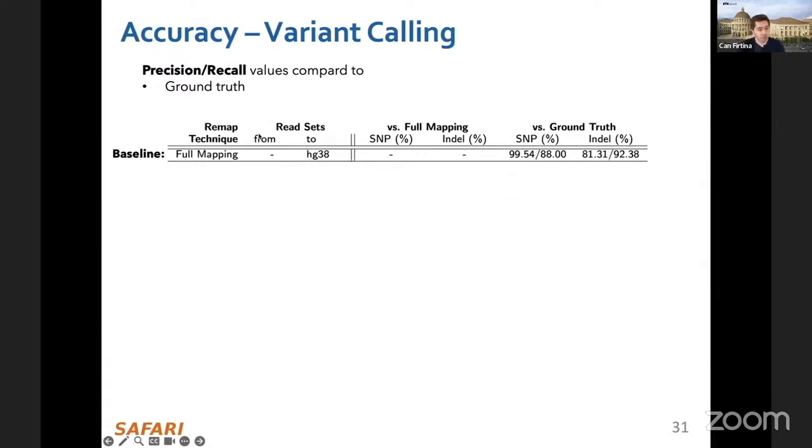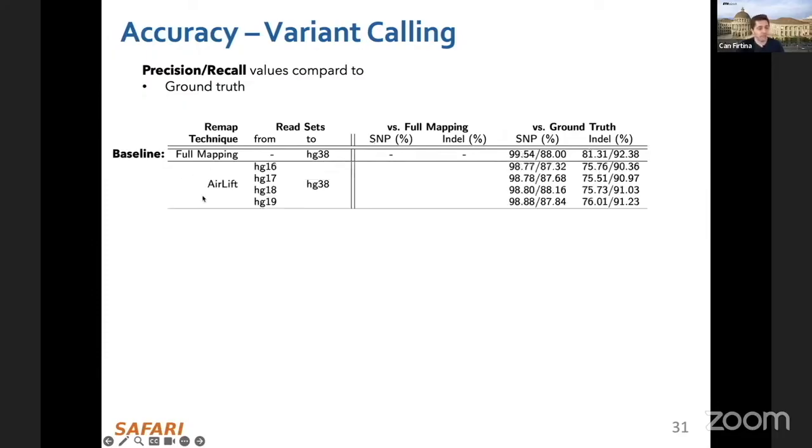We do this for both our baseline, which is full mapping, which means that we're essentially mapping all the reads directly to HG38, and then we're calling the variants, and then we're identifying the accuracy of SNPs and indels by calculating their precision and recall values.